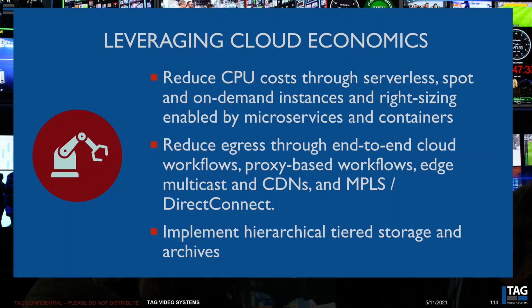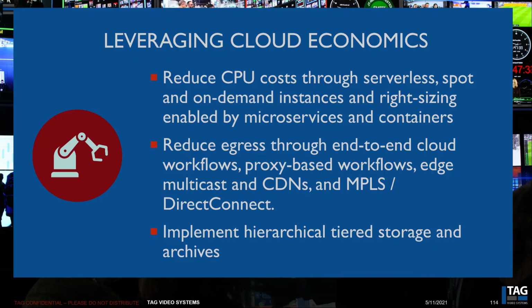So instead of doing high-resolution streaming to your desktop to do workloads, you're doing actually proxies. It means that if you're going to be distributing content to multiple recipients, you figure out how to do multicast at the edge, since you can't do multicast to most clouds, to save from doing unicast streams to every single recipient. And that's where content delivery networks come into play as well, especially for OTT delivery.